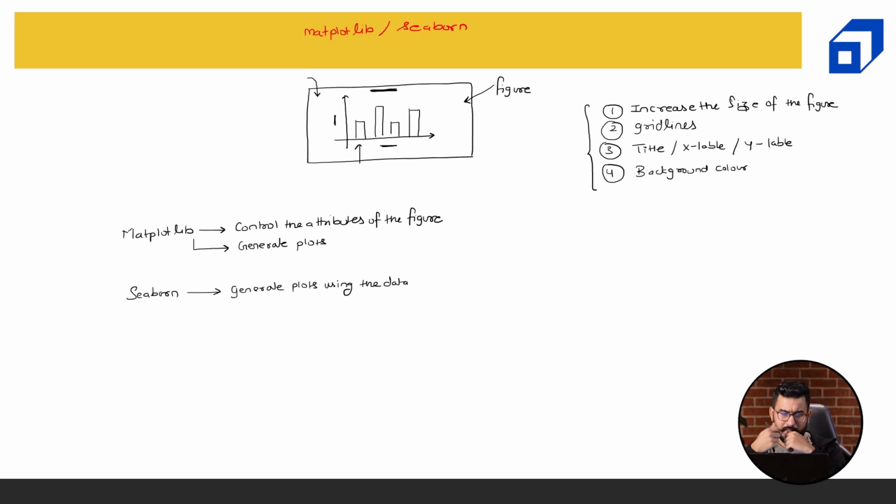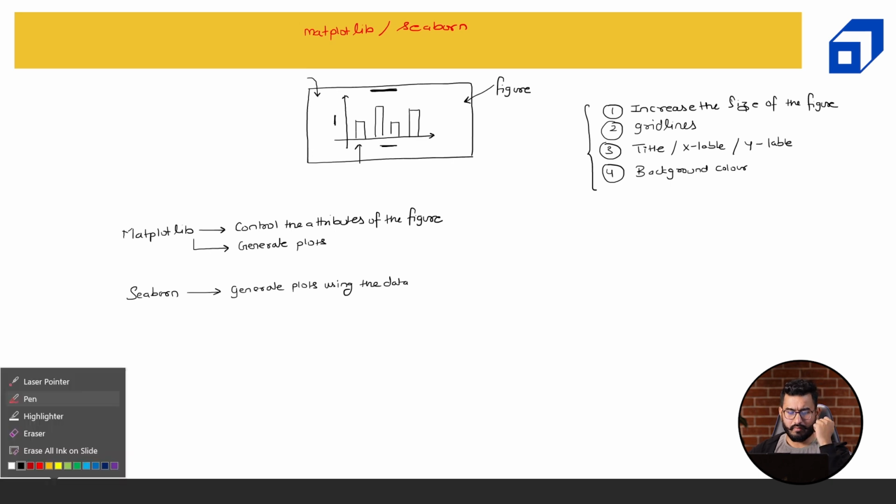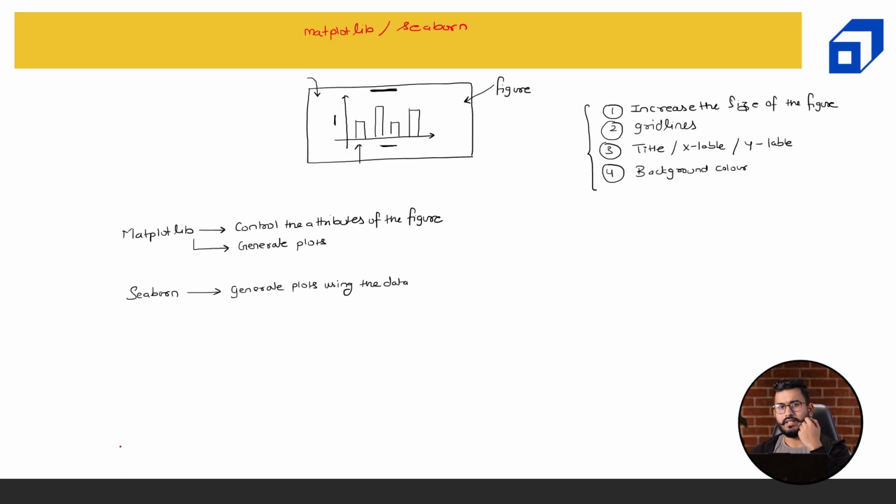Now you must be thinking that if Matplotlib is capable of controlling the figure attributes, as well as generating plots from the given data, then why do we need Seaborn? What is the requirement of Seaborn? Well, the requirement is because of its great functionalities. Creating rich plots using Seaborn is very simple.